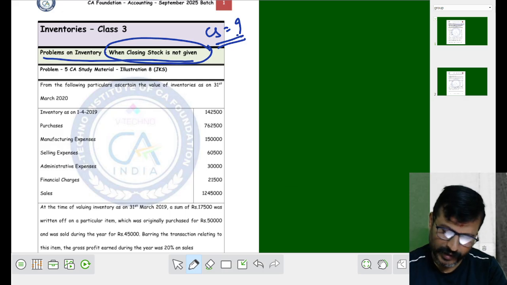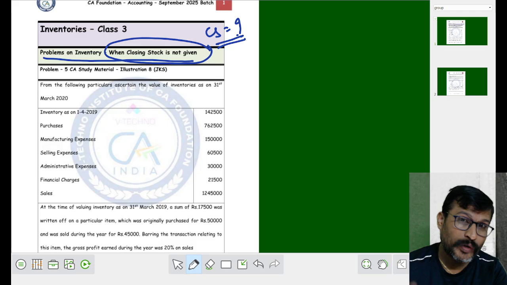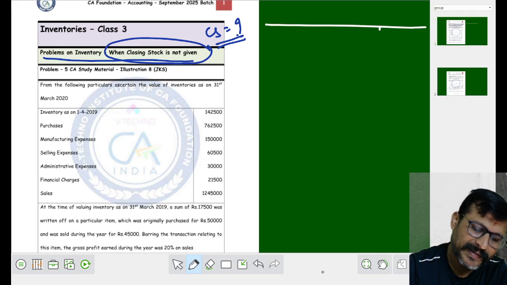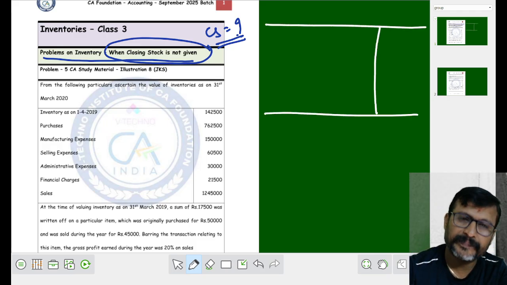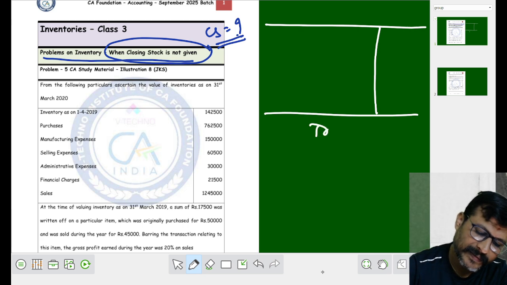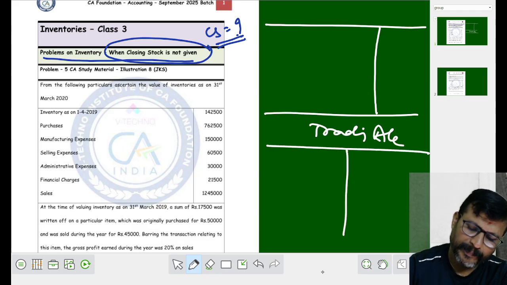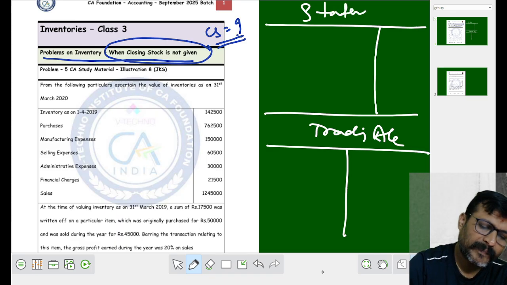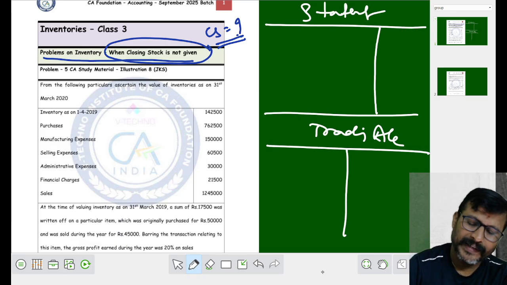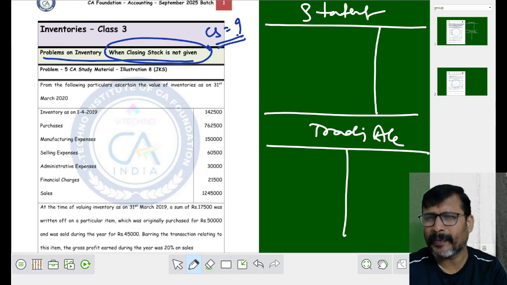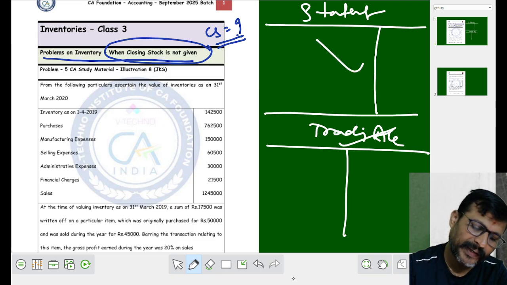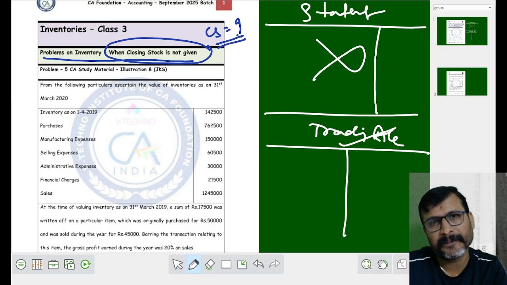That closing stock can be calculated in two types. One is a statement method, another is trading account method. I prefer to go for trading account method rather than the statement method.